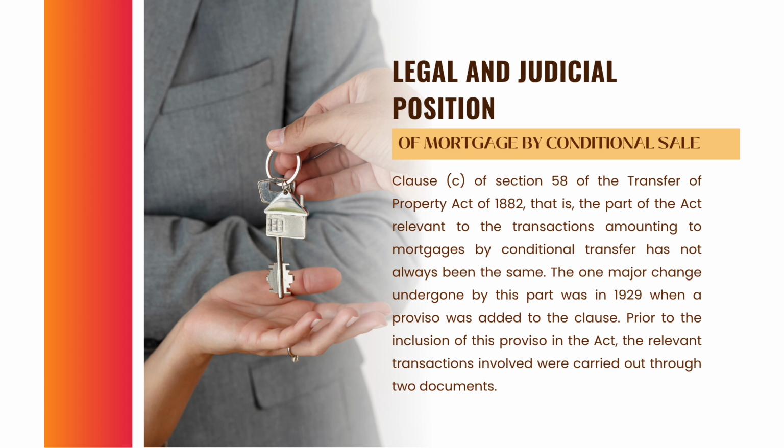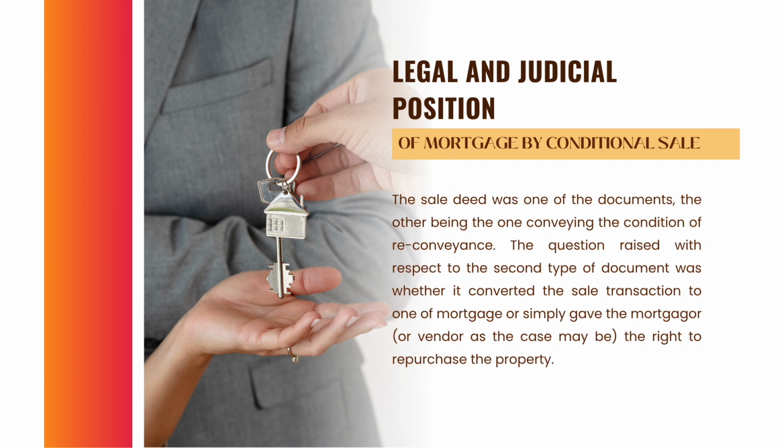The one major change undergone by this part was in 1929, when a proviso was added to the clause. Prior to the inclusion of this proviso in this act, the relevant transactions involved were carried out through two documents. The same deed was one of the documents, the other being one conveying the condition of reconveyance.